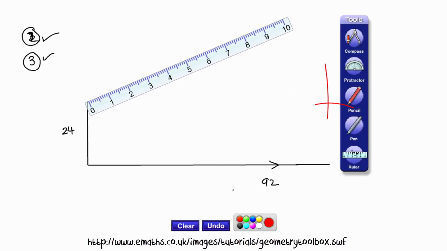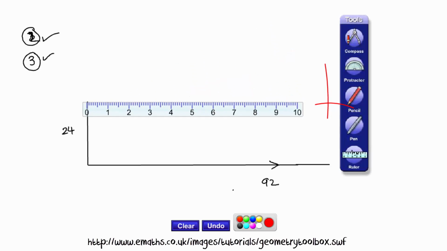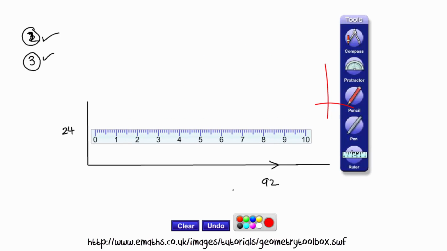Of course, I need to complete a parallelogram. I don't need this scale, because I think my software can do it well. I have to join the other line as well. That completes the third step.